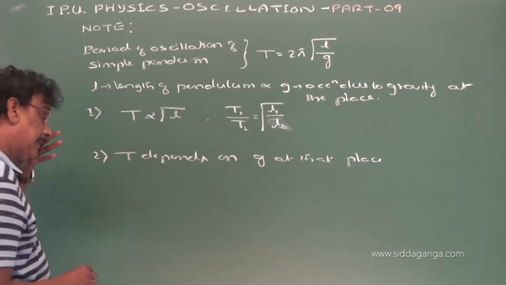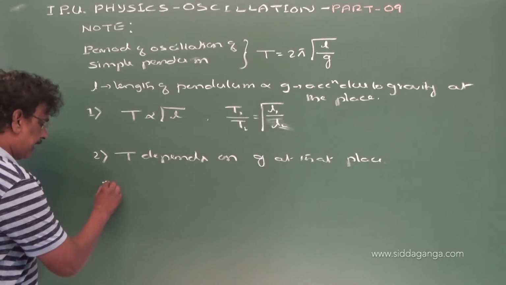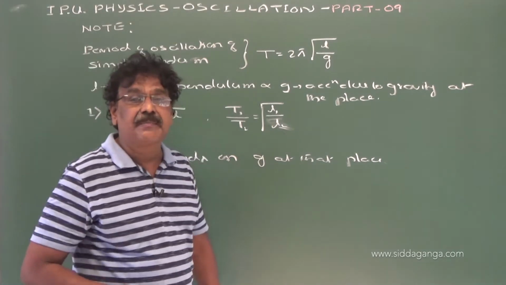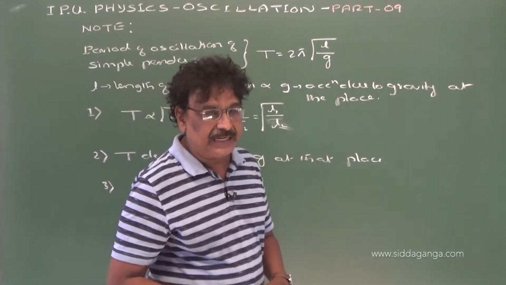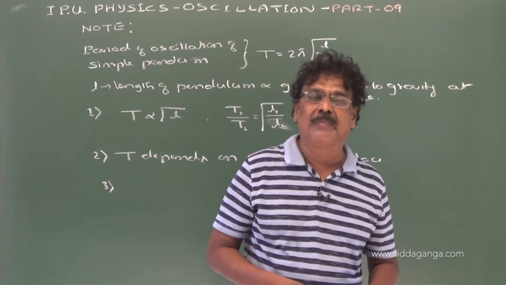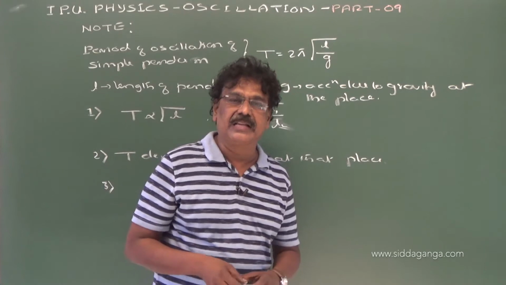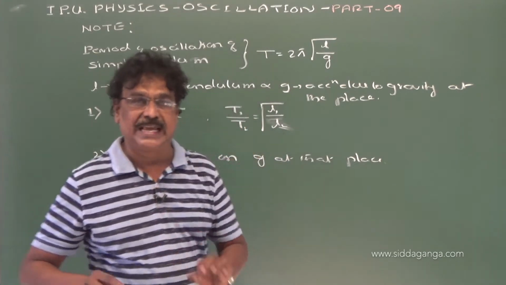Now the third point is that we have a seconds pendulum. A seconds pendulum is that simple pendulum whose period of oscillation is equal to 2 seconds, right?